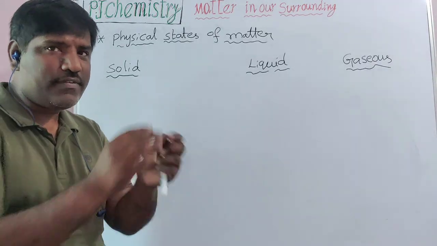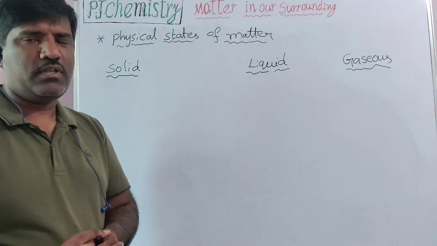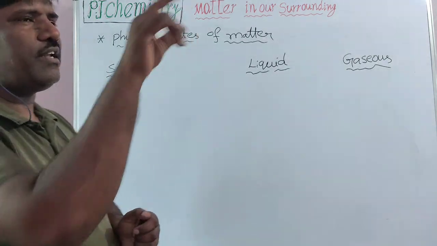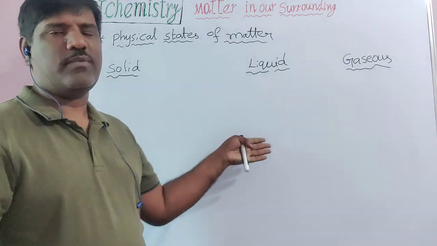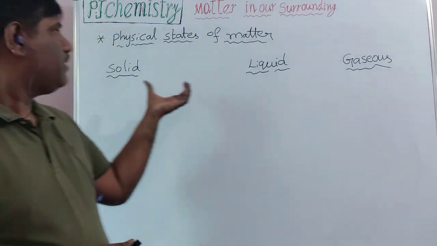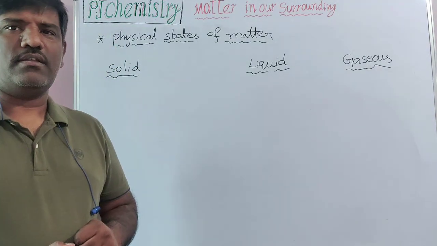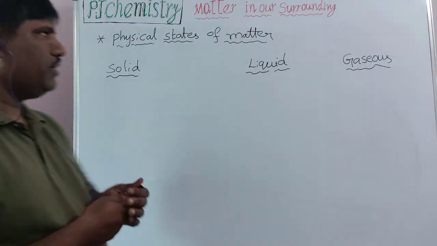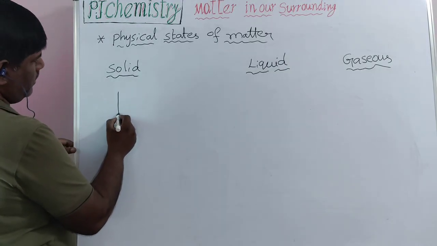No, because they have some space between the particles. If you try to write, it will sink into it. Air, will you write on air? No, because they have more space between the particles. Like that, based on the space, which is inversely proportional to attraction, we decide the existence of matter.